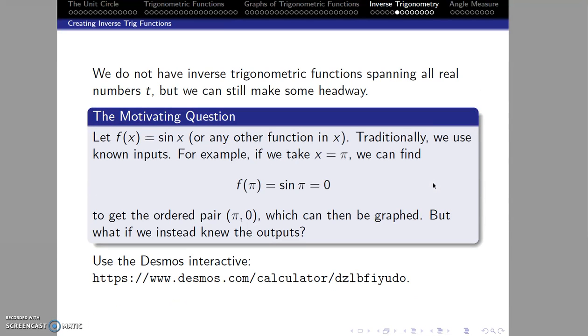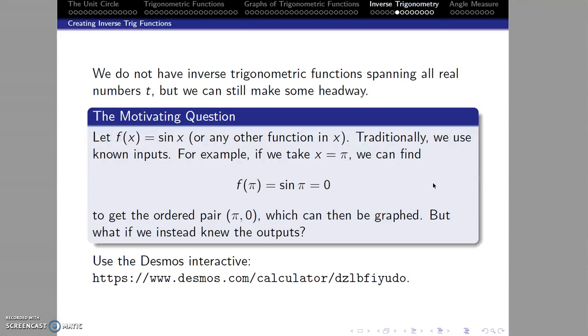So saying it once again rather formally, given known outputs of some function, what was the input that had to go in to find it? For instance, if I knew that my output was 0, then what was the value that went into sine of x to have an output of 0? And yes, there's infinitely many such values. 0 would work, pi would work, 2 pi would work, 4 pi would work, and so on.